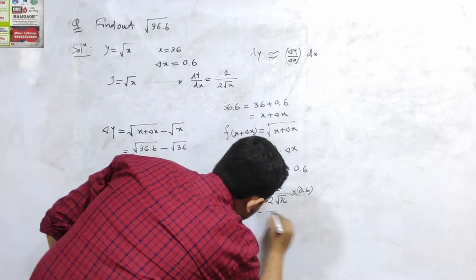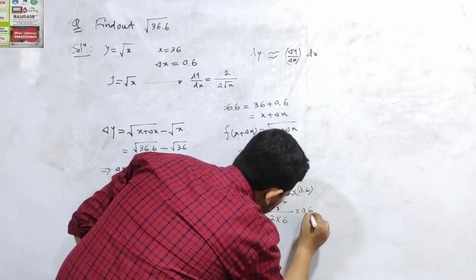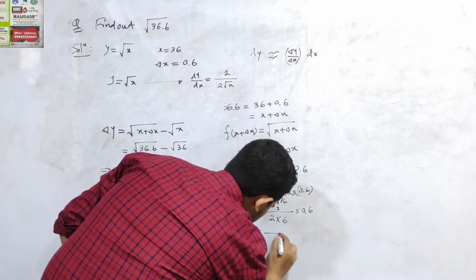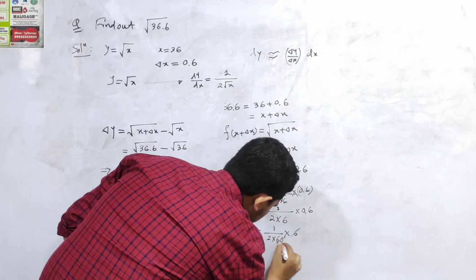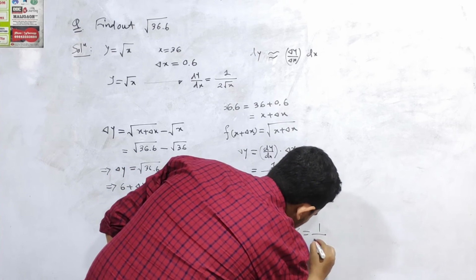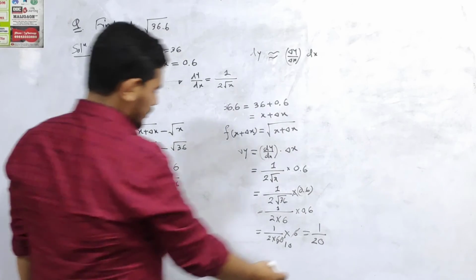So from here we can write 1 by 2 into 6 into 0.6. So this is 0.6 by 12, which is 1 by 20. So the value of del y is 1 by 20.